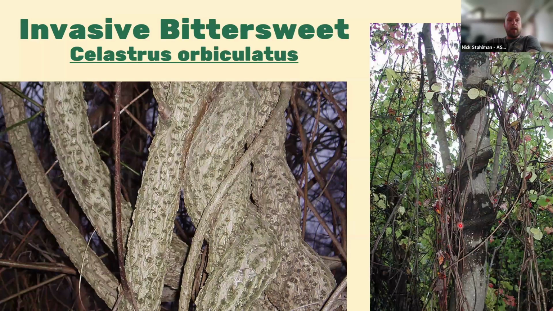With the twining, as it's going around, it can be so resistant to being moved as the tree grows that the tree grows into the vine, the vine does not give, and it girdles the tree, meaning that it cuts off the ability for that tree to send nutrients up and down throughout its trunk from roots to leaves, and the tree will die from this. The vines themselves can reach like 60 feet in height, but they can't grow necessarily taller than whatever they're on.